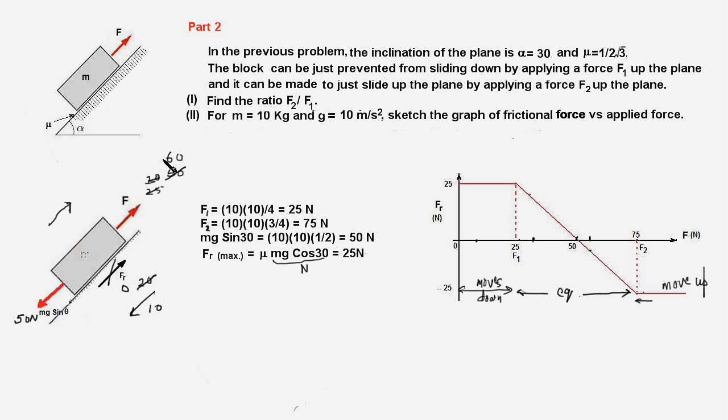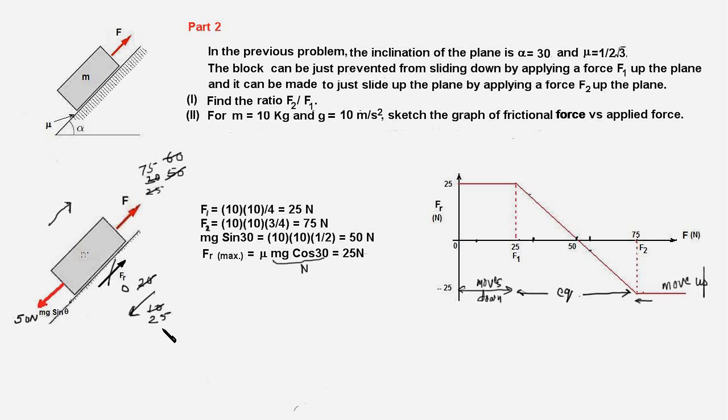Similarly, if the applied force increases to, let's say, 75 newtons, the frictional force, maintaining its direction, will increase its magnitude to 25 newtons, so that 50 plus 25 is equal to 75. So the force pulling it down will match the force pulling it up, and therefore the body will be in equilibrium.